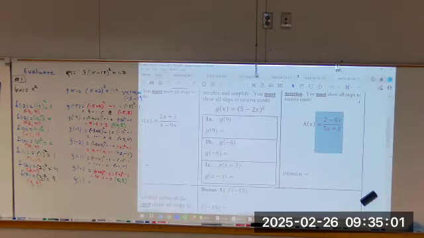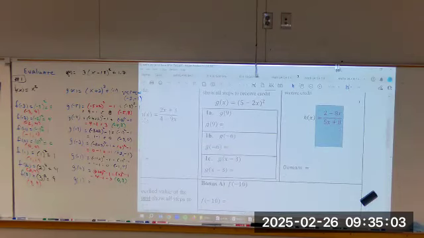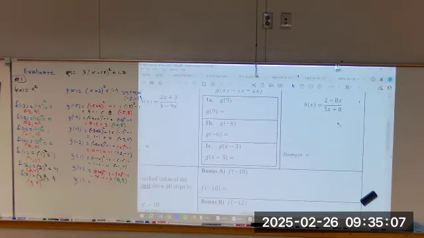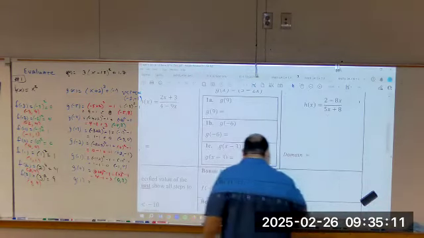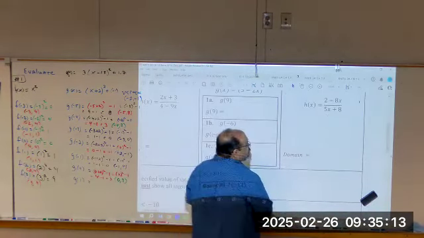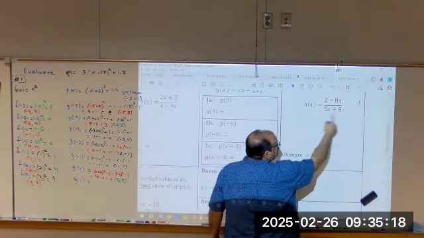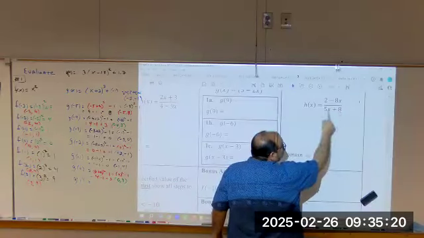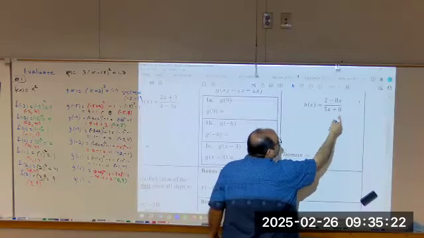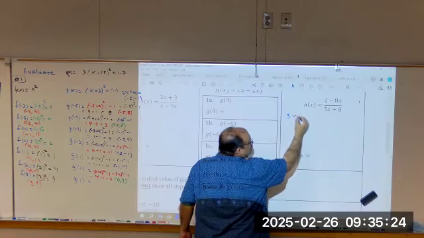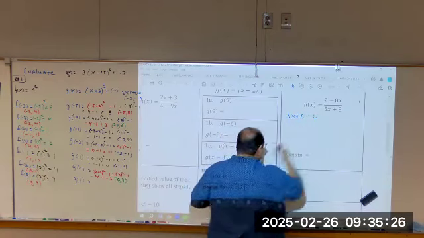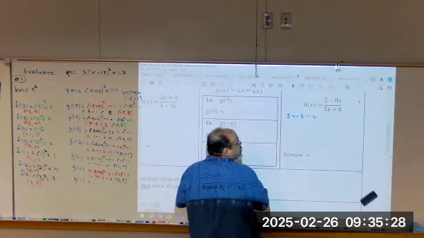So we want the domain. The domain is about what we're allowed to plug in. You can't divide by 0. So who's invited to this function party? Everybody except whatever might make this denominator 0. You've got to figure out who is the troublemaker, who is not allowed. You'll let 5x plus 8 equal 0 and solve.